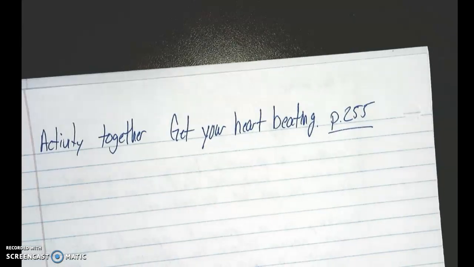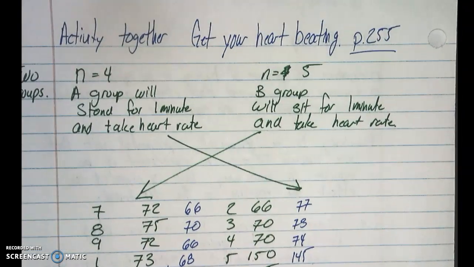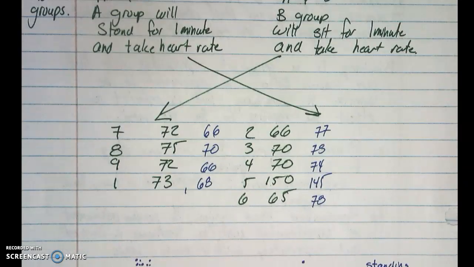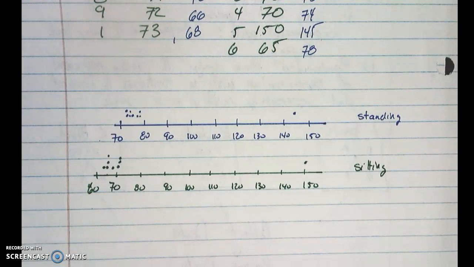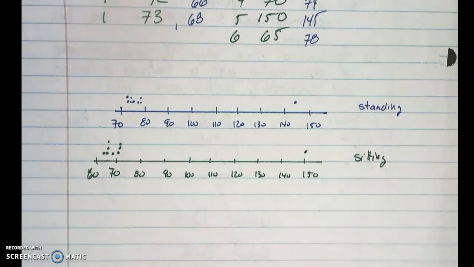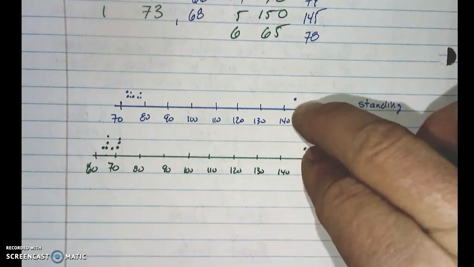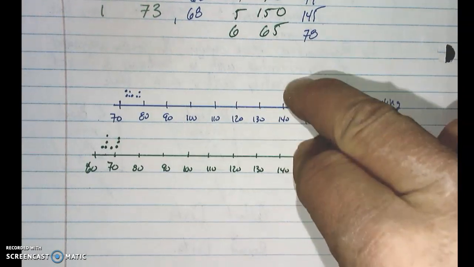Okay, so I'm going to pause it, and we ran the experiment. We've gotten our two groups set up like we talked about. This was our data collection, and this was our data dot plots. Besides our anomaly here, no offense, we've got probably an outlier here.